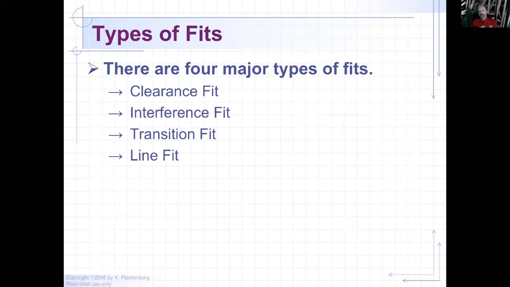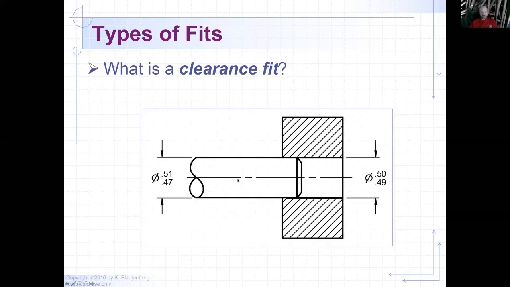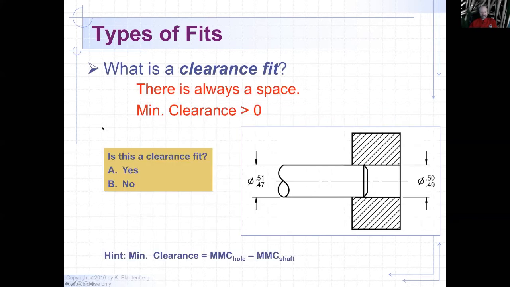We have different kinds of fits, and there are four different kinds: the clearance fit, the interference fit, the transition fit, and the line fit. We're going to go through each of these definitions. What's a clearance fit? The clearance fit means there's always a space. If there's always a space, that means the minimum clearance is greater than 0.